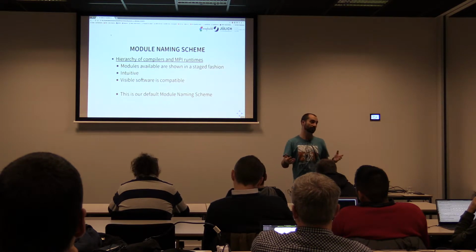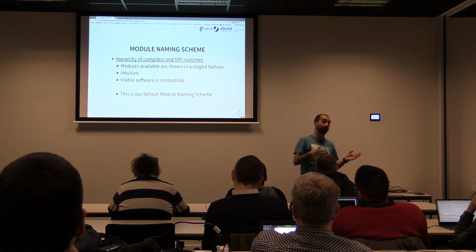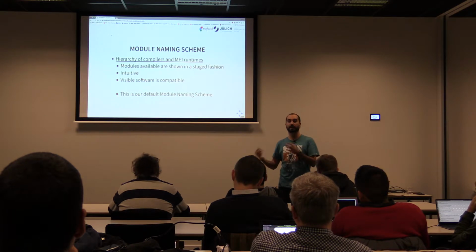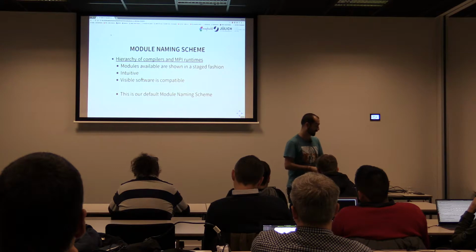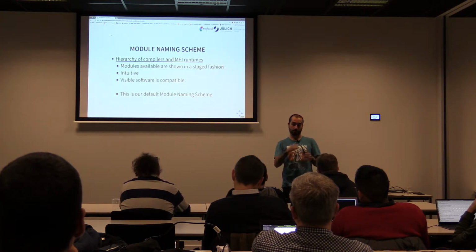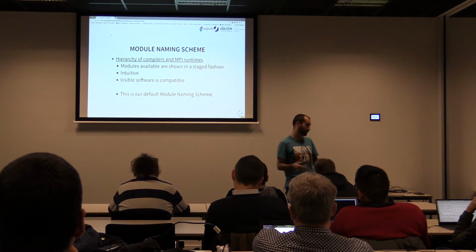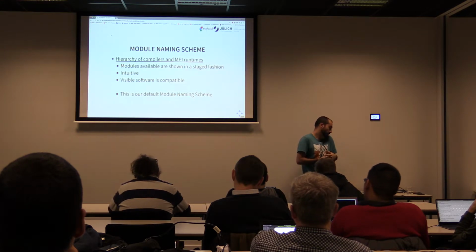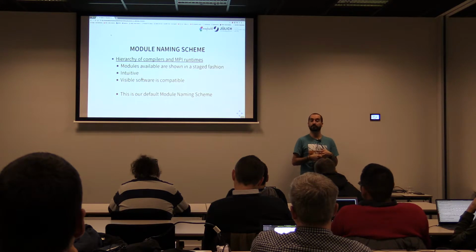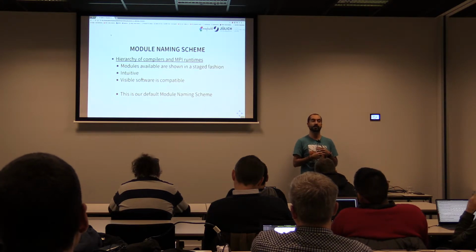That shows the modules that were compiled with that compiler, and the MPI runtimes that are available for that particular compiler. And once you load the MPI, you see the modules compiled with that particular combination of compiler and MPI.